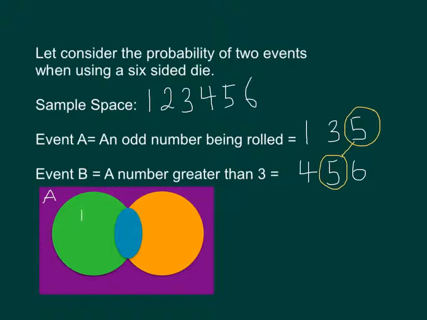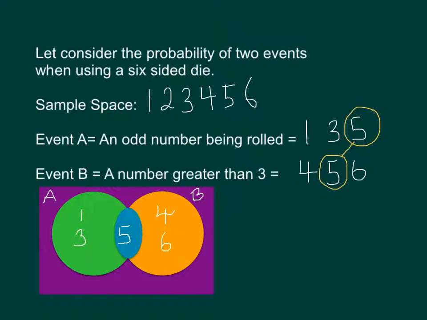So I write down the numbers 1 and 3. I do the same for event B, so I'll be writing the numbers 4 and 6. Now since 5 occurs in both events, we write it where the two circles overlap or intersect.